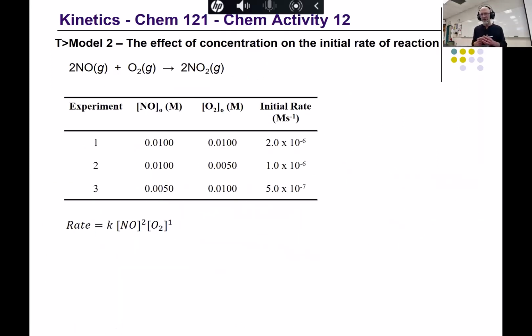After having done all of that work, you should then write this out. It's not enough to just say the exponent n is equal to 1, the exponent m is equal to 2, or it's first order with respect to oxygen gas, second order with respect to nitrogen monoxide gas. If you're asked to write the rate law, write it.